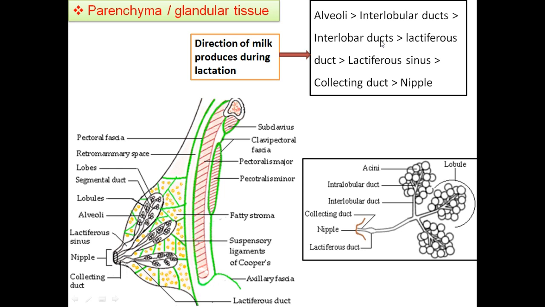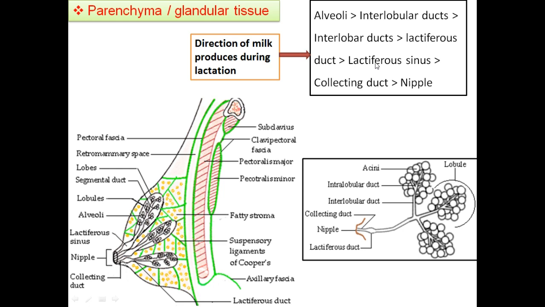These milk ducts collectively form the interlobar ducts or terminal duct. This terminal duct collectively forms the lactiferous duct or segmental duct. Each lactiferous duct is dilated to form the lactiferous sinus. This sinus acts as a reservoir of the milk, and finally this sinus forms the collecting duct that will directly open into the nipple.